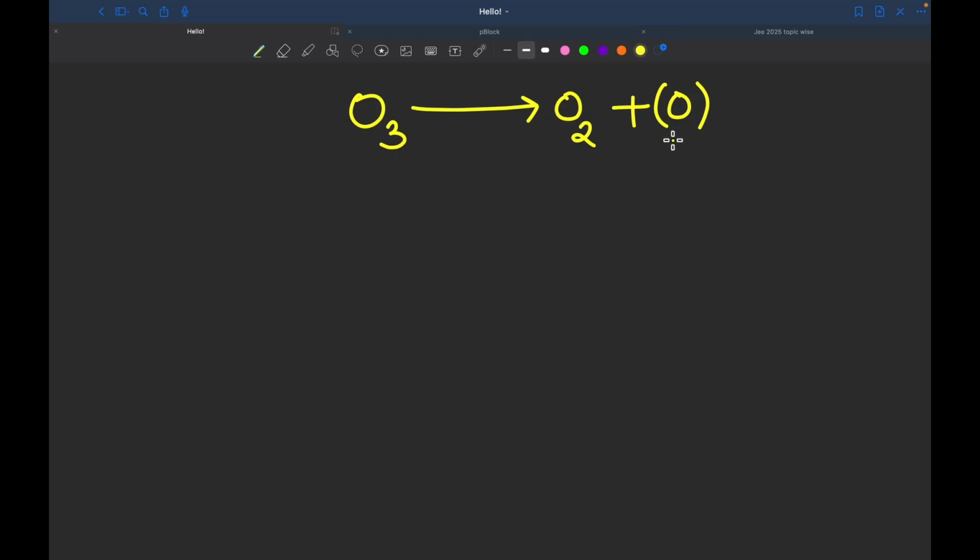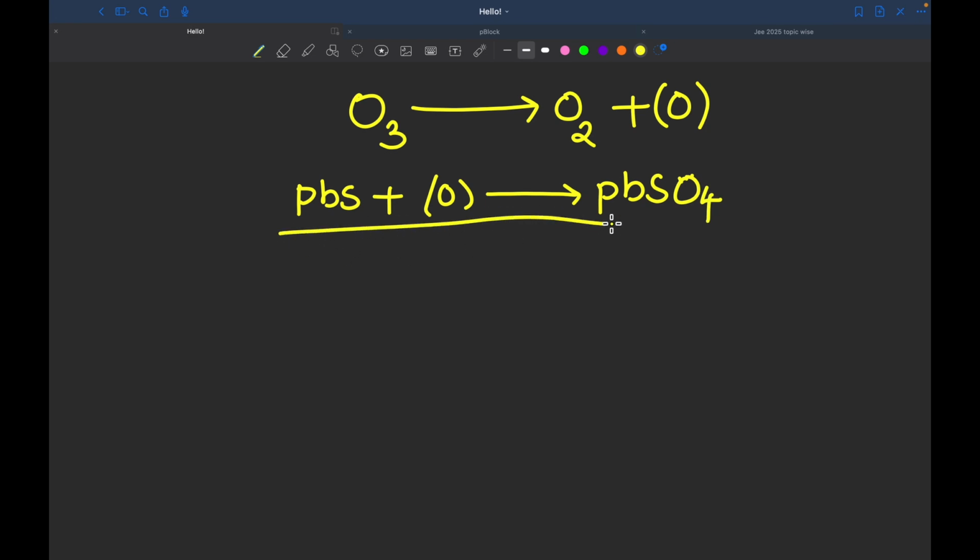Nascent oxygen is a very reactive oxidizing agent. It reacts with PbS. PbS plus this nascent oxygen react with each other and PbS is converted to PbSO4. So this reaction is the final reaction.